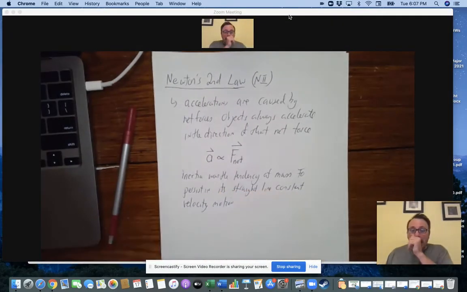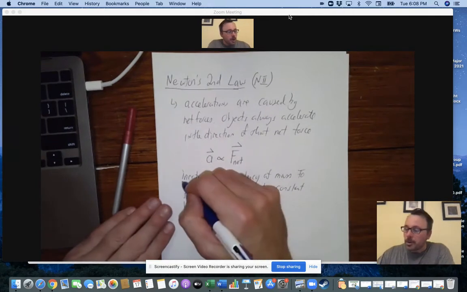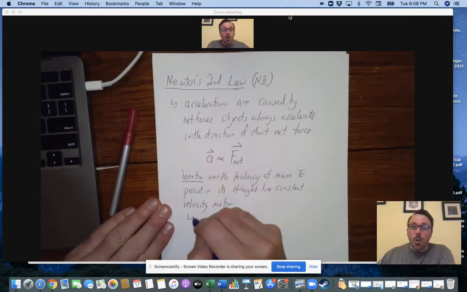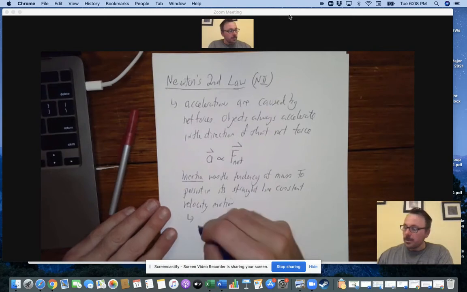Okay, now that's just pretty much a restatement of Newton's first law, so it really doesn't tell us all that much about the concept of inertia. Newton's second law is where inertia becomes so much more important, where inertia becomes a quantifiable concept.